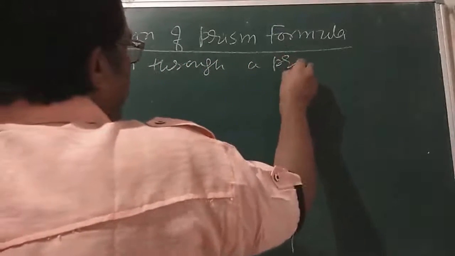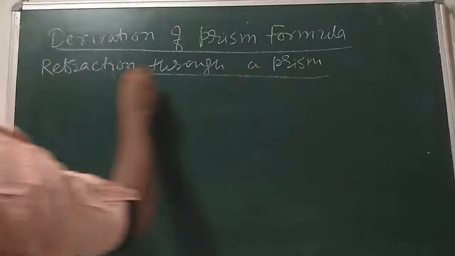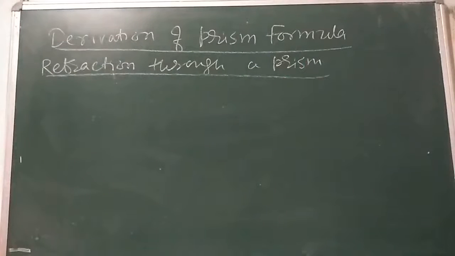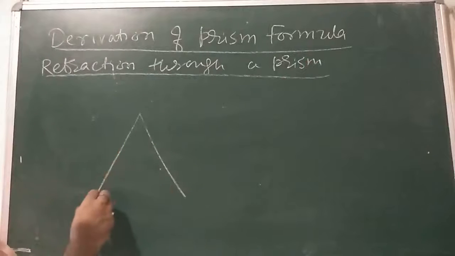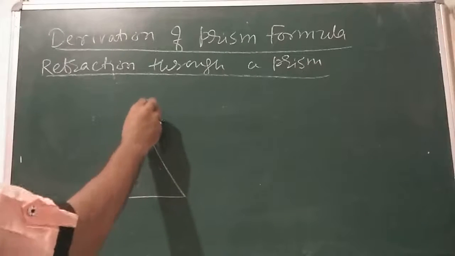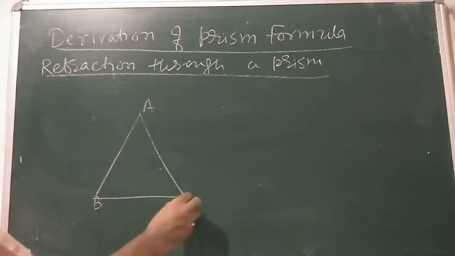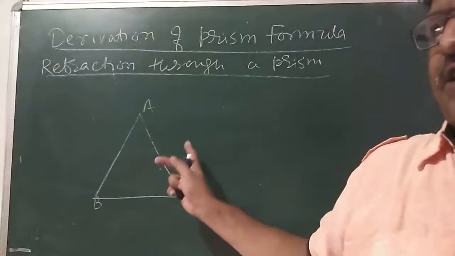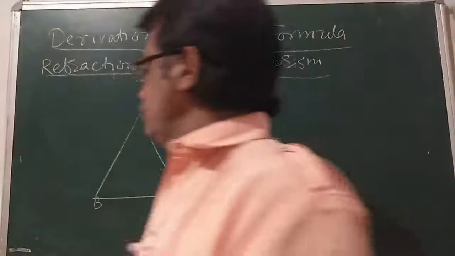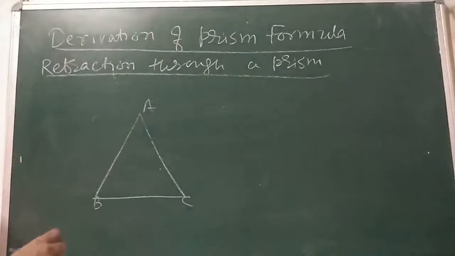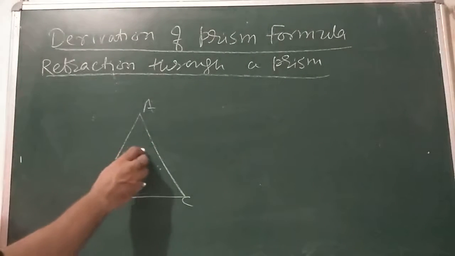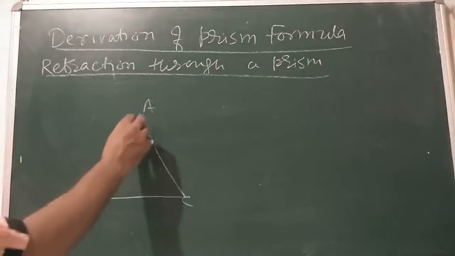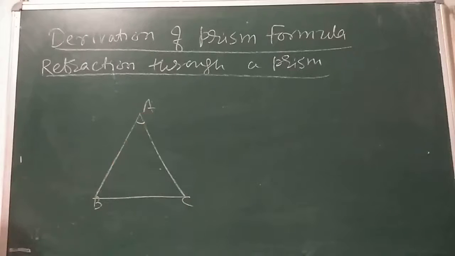Here it is a prism. The front section is A, B and C. It is the front section of our prism, which I can say is the principal section of the prism, with the angle of prism A.